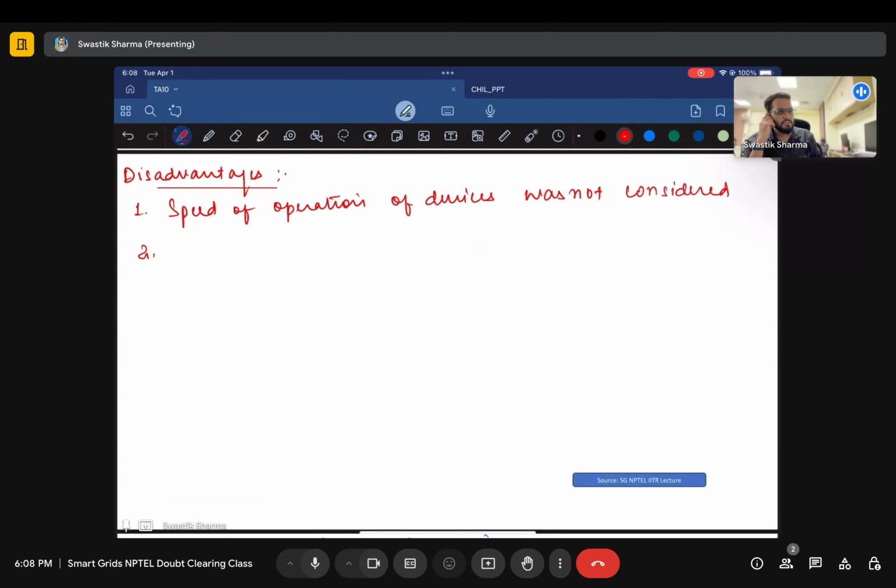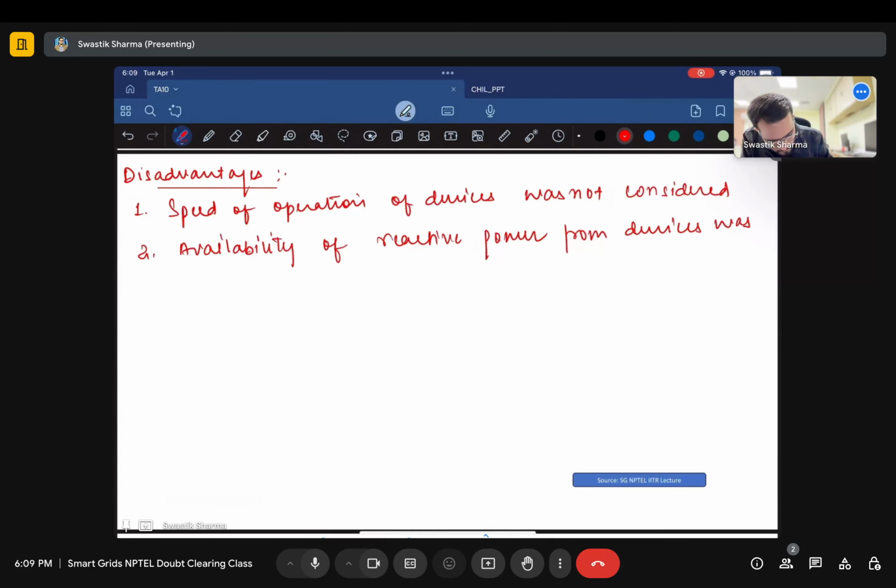And speed was not considered, and then availability was also not considered. Availability, right? These were the three things. Okay, this is all.